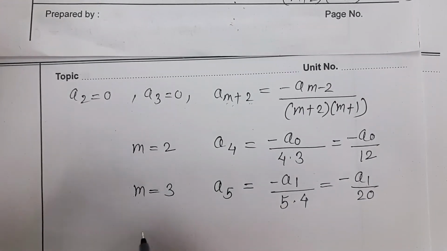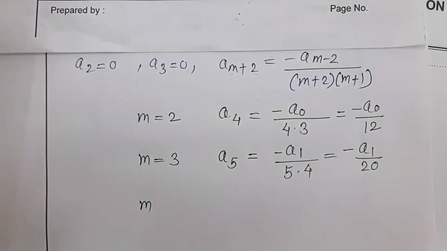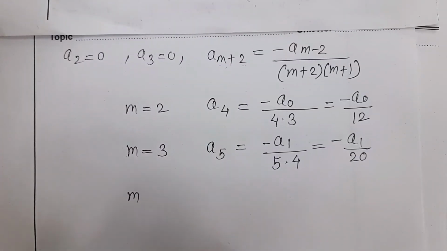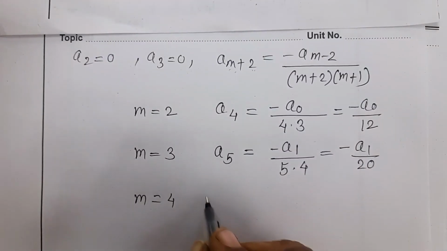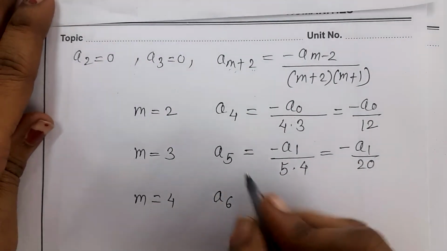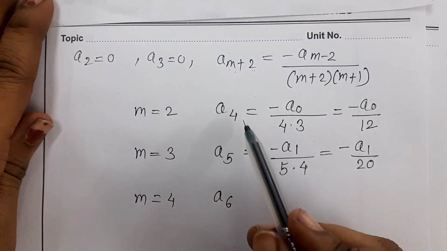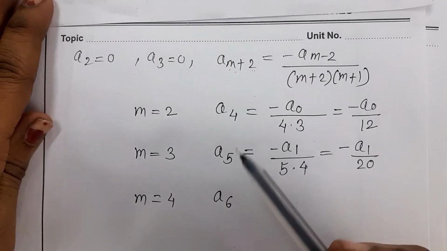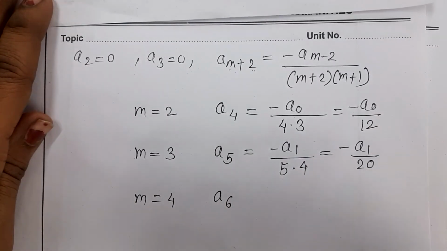Next put m is equal to 4, giving a(4 plus 2), which is a6. That's why it is called a recurrence relation, because recurrently we will get the next values 4, 5, 6, 7 in terms of the previous values a0 and a1.